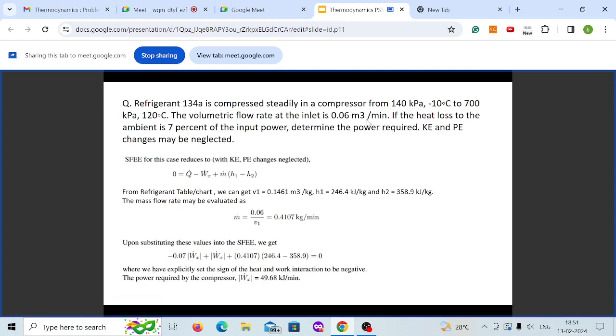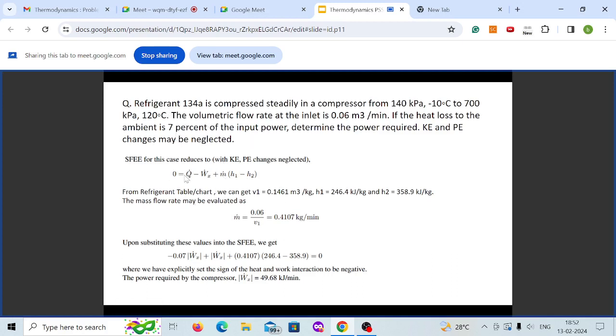So we can now find out the mass flow rate. We know the volumetric flow rate, we also know the inlet specific volume. So 0.06 divided by v1, the specific volume at the inlet, which will equal 0.4107 kg per minute. So we have found the mass flow rate, we know the enthalpies, and we also know that Q is 7% of input power.